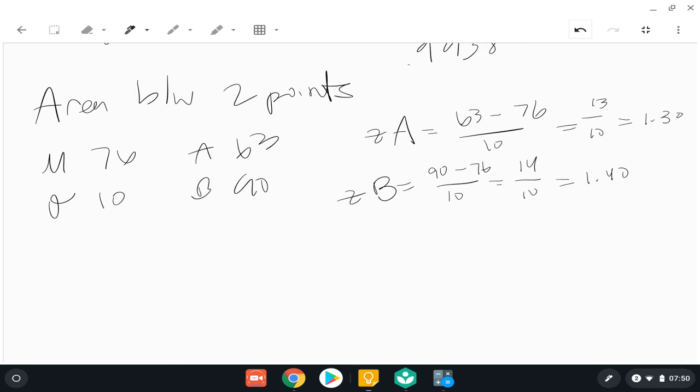So if I'm going to find the z between these two, I know I have to find the difference. So ZA minus ZB equals 1.3 minus 1.4 equals negative 0.1. I hope I'm doing this right.